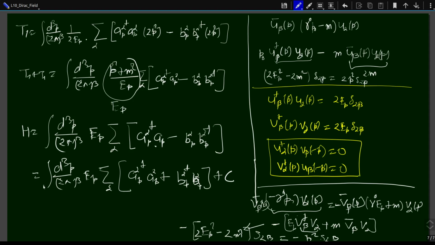These are the excitations above the infinite energy shift. So this is our Hamiltonian.